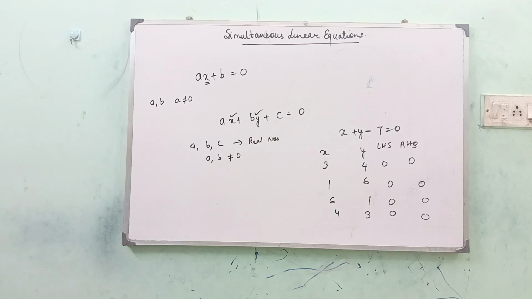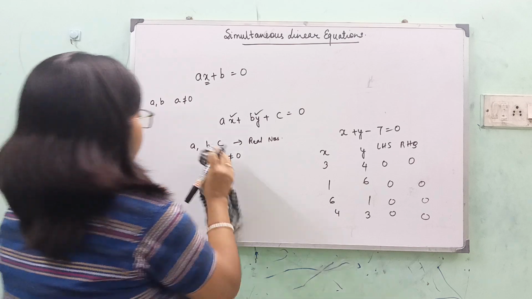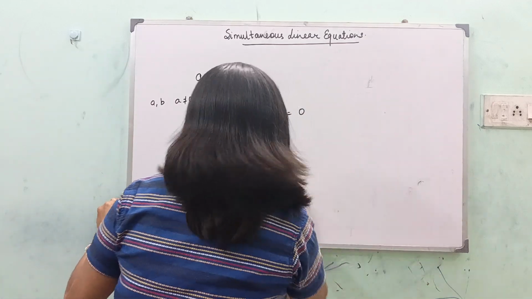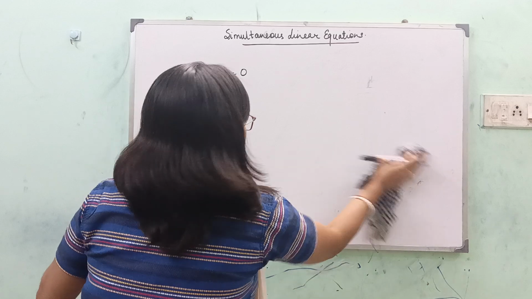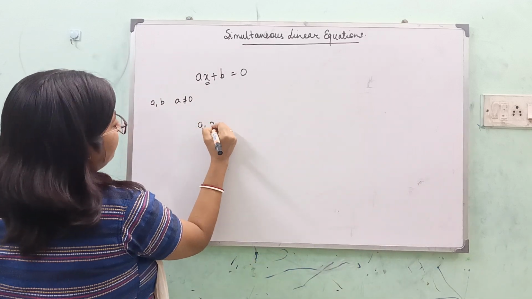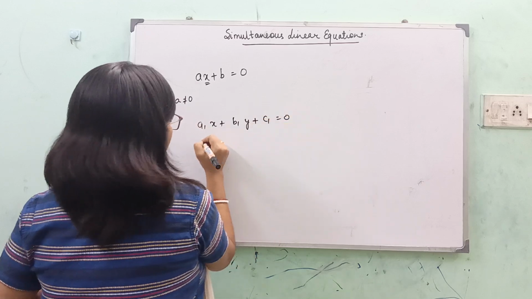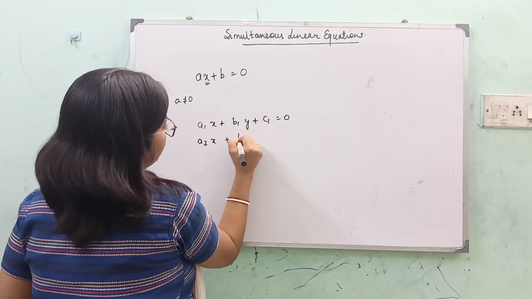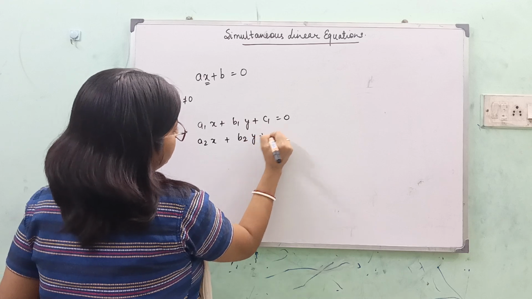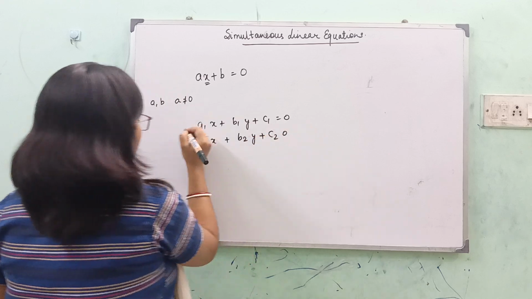Now let us take a1x plus b1y plus c1 equals 0, and a2x plus b2y plus c2 equals 0.